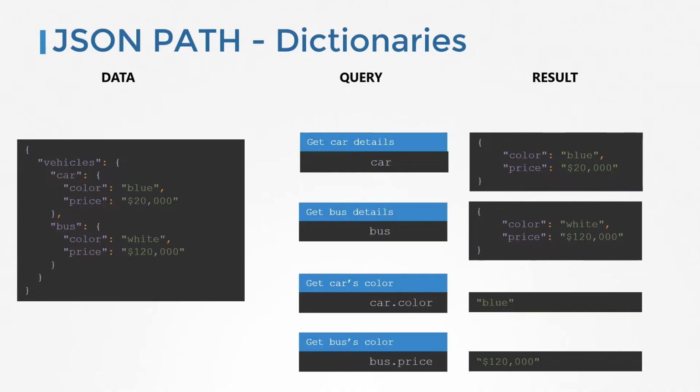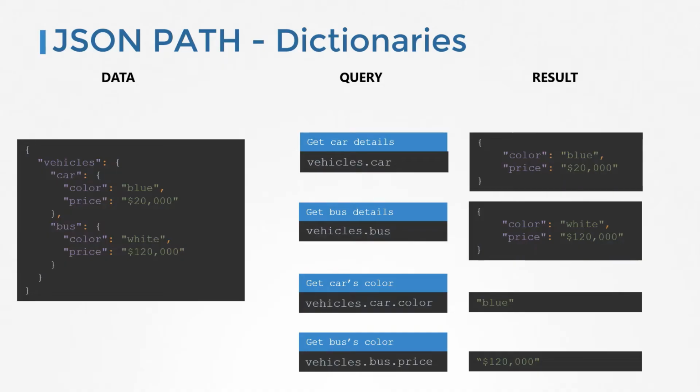We would now say vehicles.car to get the car details, vehicles.bus to get the bus details, vehicles.car.color to get the car's color, and vehicles.bus.price to get the bus's price. So that's how the dot notation is used to extract properties of dictionaries and dictionaries of dictionaries in JSON data.